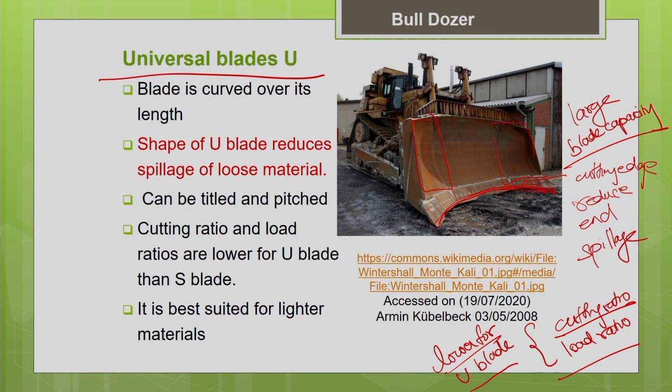Only smaller blades can have high cutting ratio and load ratio because of the greater concentration of the horsepower per unit meter of the cutting edge. But here, since the blade dimension is bigger, these have lesser cutting ratio and load ratio.